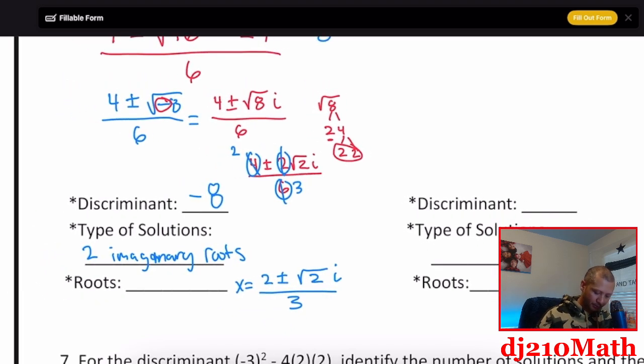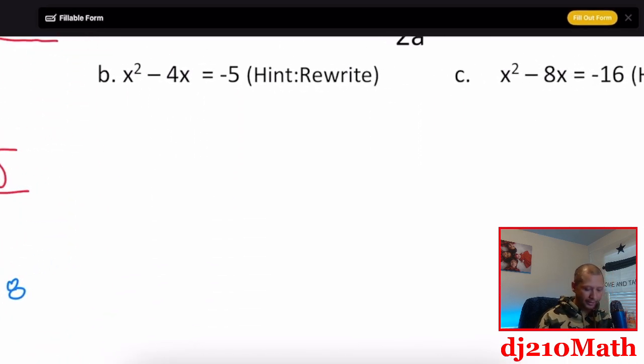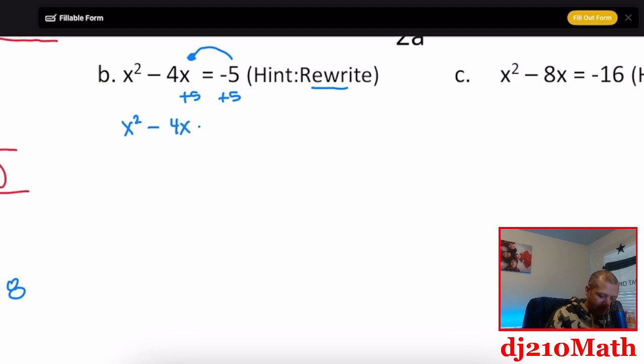So we have a couple more examples where we do this. Okay, B. So notice there's an equal sign. So the hint, we want to rewrite it because this number needs to be on the left-hand side. So I'm going to add 5 to both sides. So this is x squared minus 4x plus 5 equals 0.